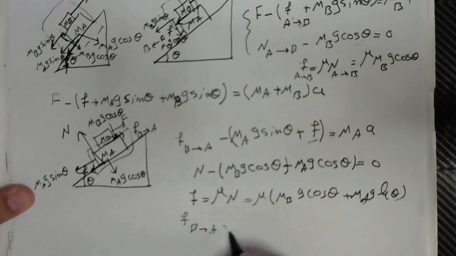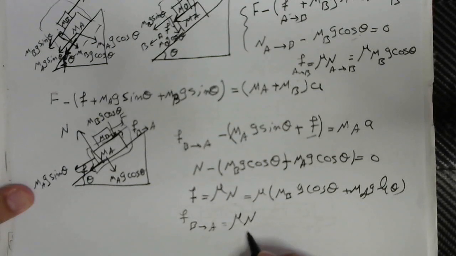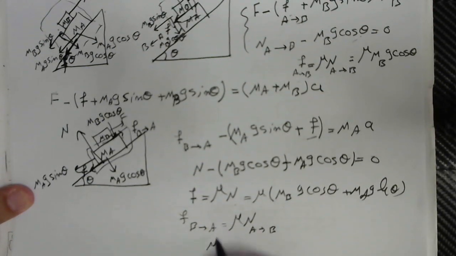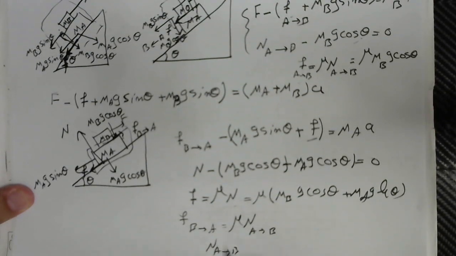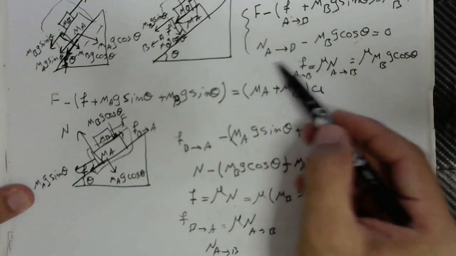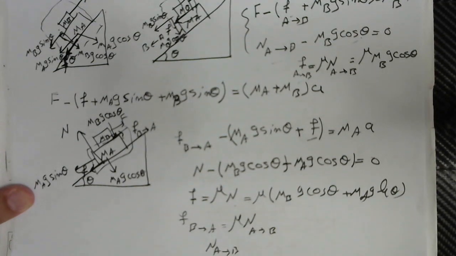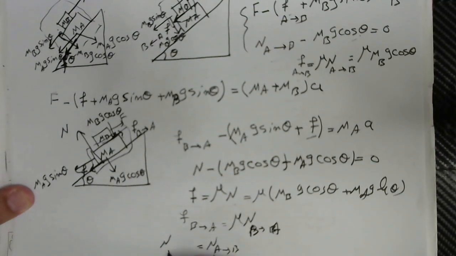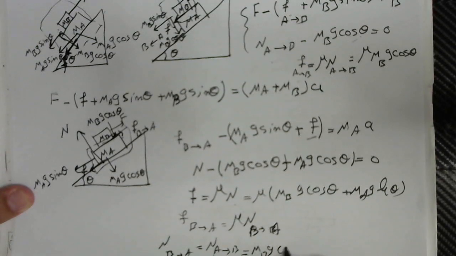So this is mu N A to B, and we know that N A to B is the same as we had it here. They are all the same, equal to MBG cosine theta.